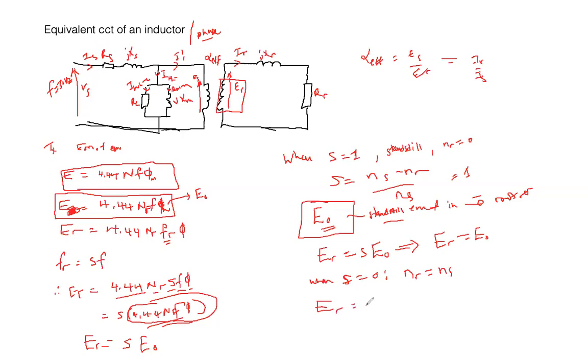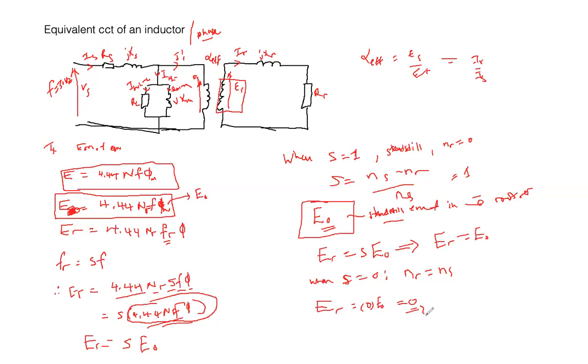There's no magnetic flux cutting. Therefore, you're going to have 0 times E naught. That means there is no EMF in the rotor. Obviously, because if there's no flux cutting, Faraday's law of electromagnetic induction does not apply, so there is no induced EMF in there.